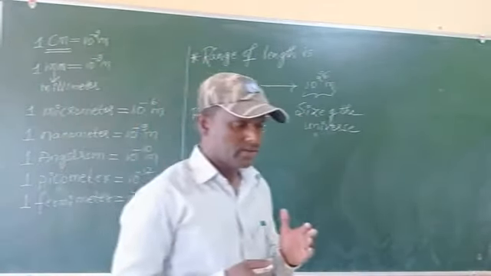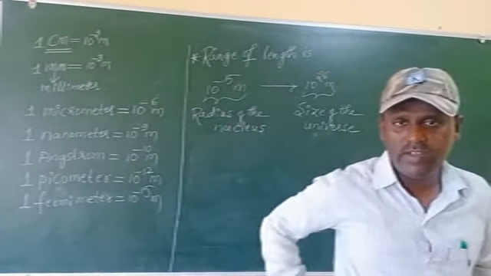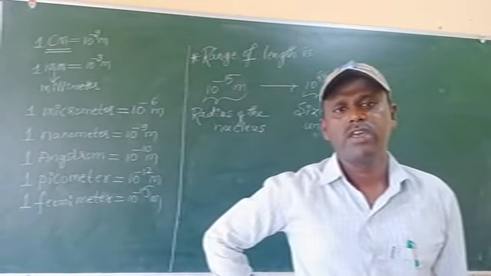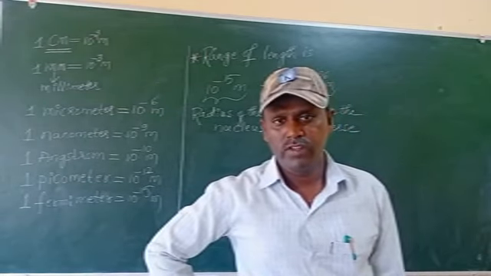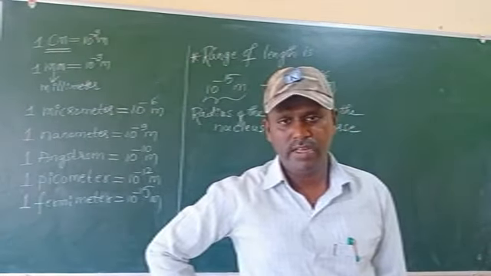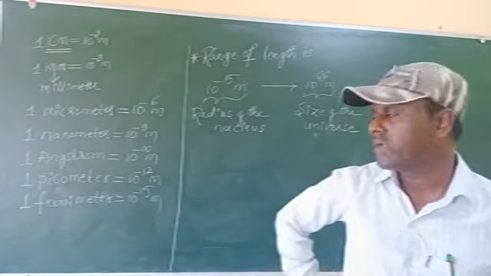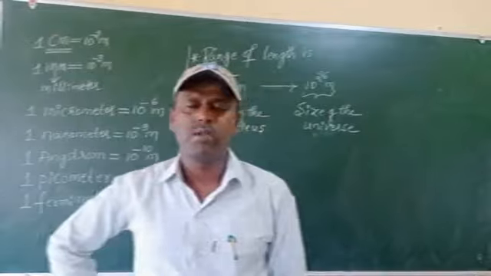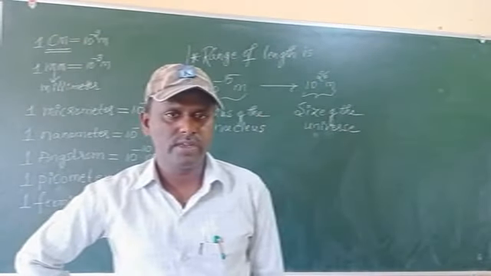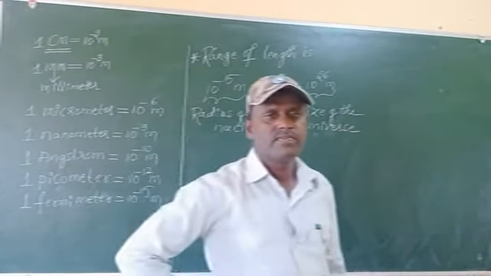Next, astronomical unit. It is also a unit of distance which measures the average distance between the sun and the earth. Its value is 1.5 into 10 to the power of 11 meters. Next comes parsec.